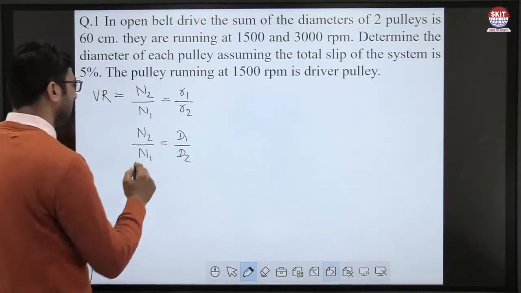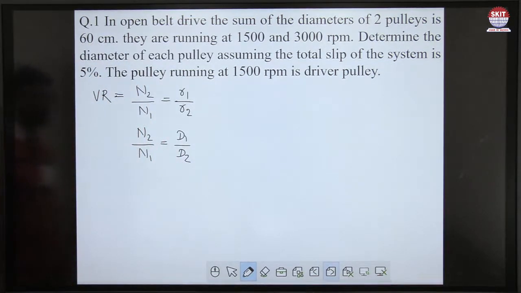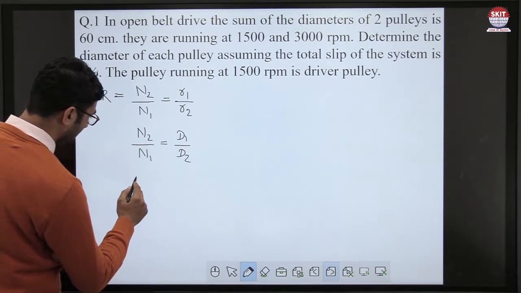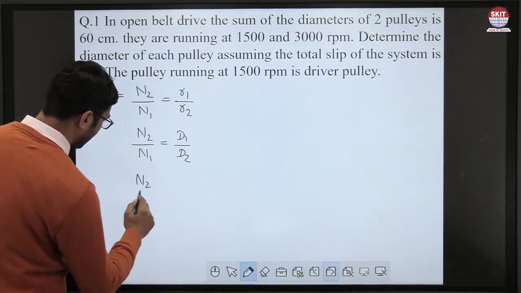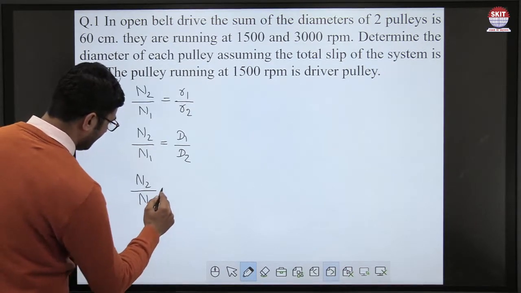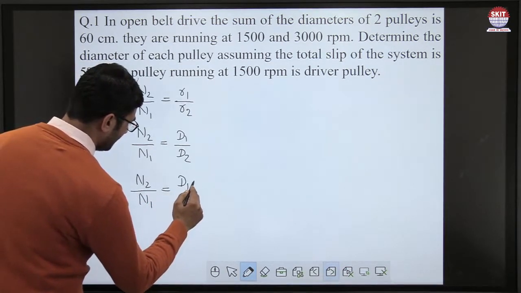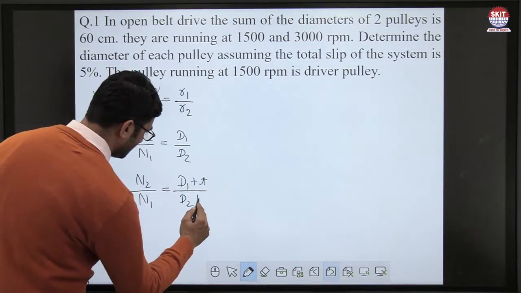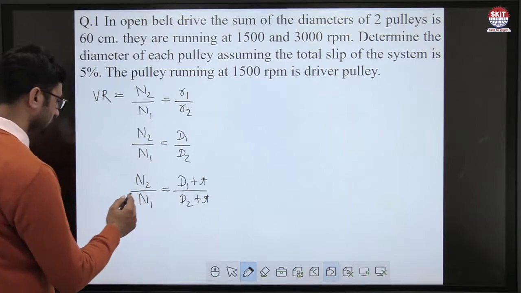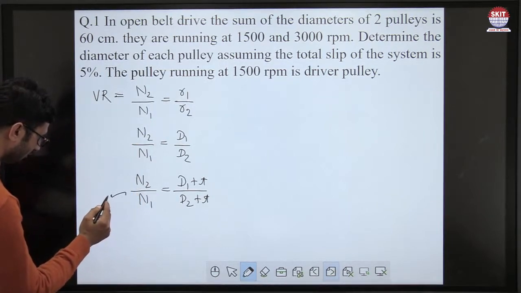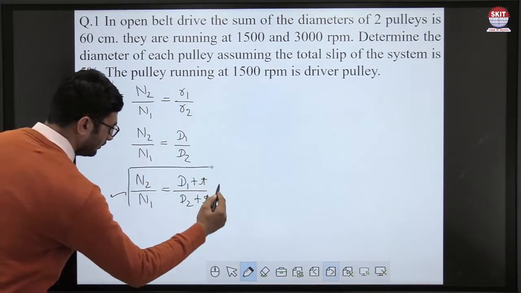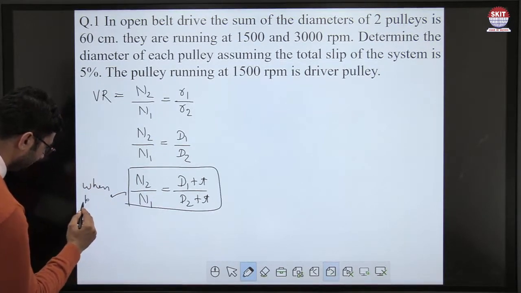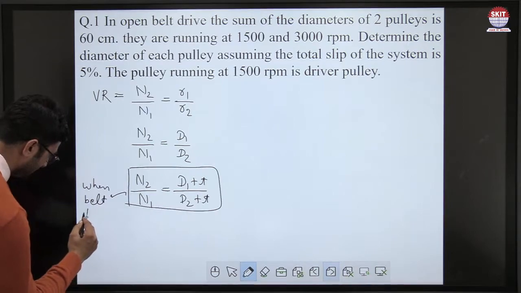This is the formula when the thickness of the belt is not considered. If we consider the thickness of the belt, then the formula is N2 upon N1 equal to D1 plus T upon D2 plus T.